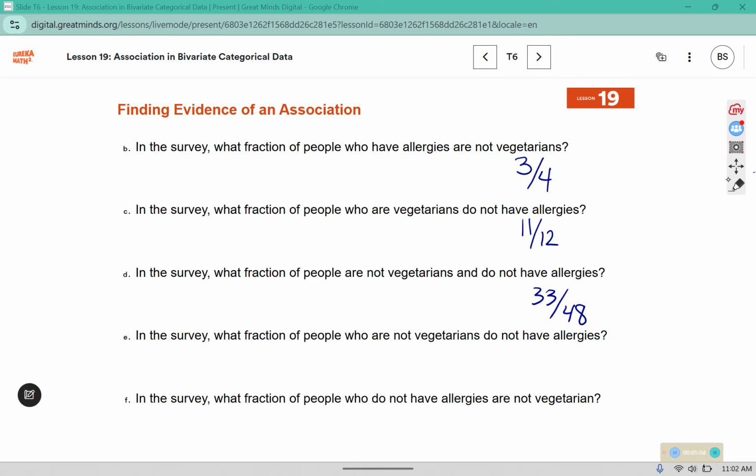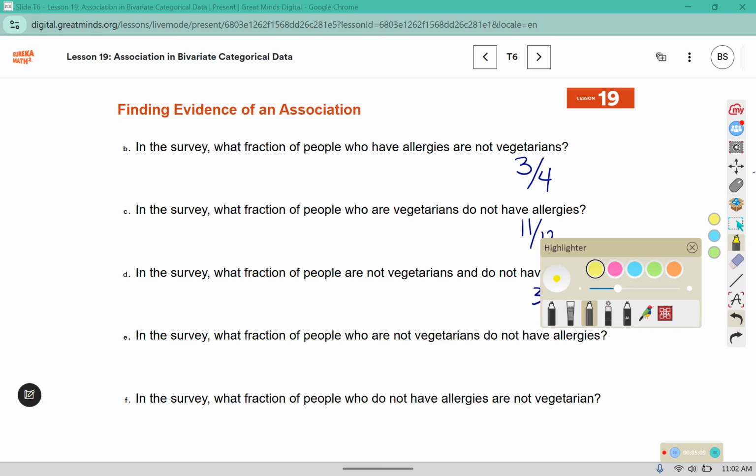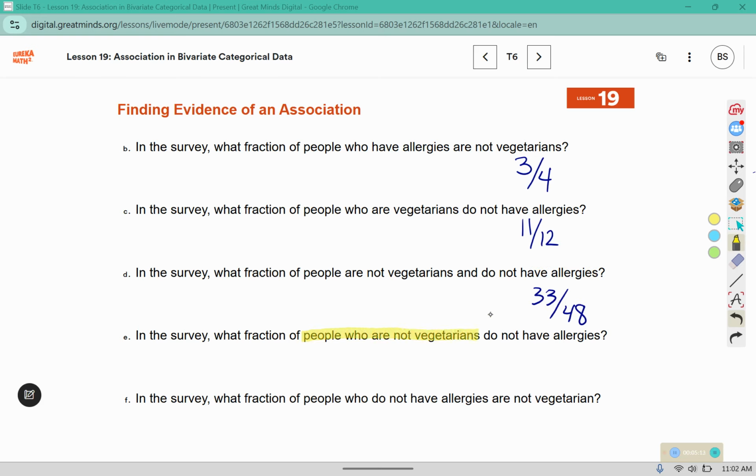In the survey, what fraction of people who are not vegetarians do not have allergies? So people who are not vegetarians is our population, and then have no allergies is going to be our piece. In a survey, what fraction of people who do not have allergies are not vegetarian? Try and answer these two using the table, and then come back and check your answer.